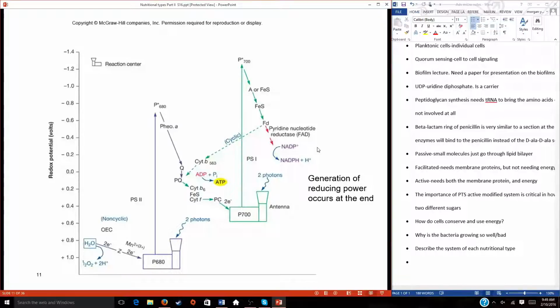You're absolutely right. What makes it different, of course, your textbooks don't talk about this, is that FAD typically associates with another protein. And when that FAD associates with another protein, the redox potential value changes. So it becomes more negative. So therefore, it now has the natural ability to transfer the electrons to the NADPH, producing that last step, right?